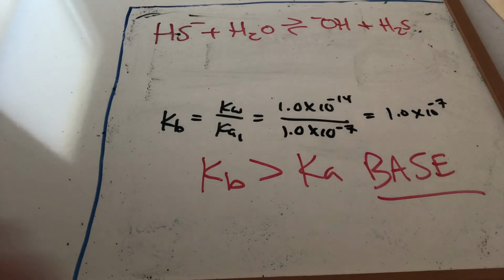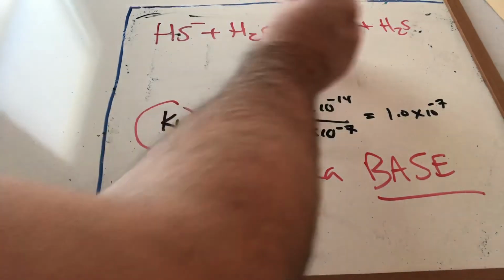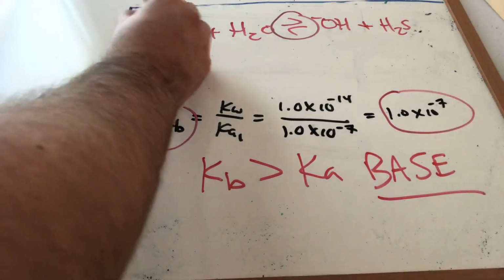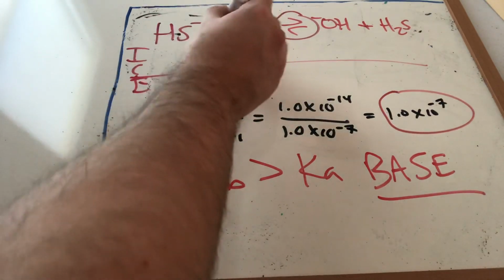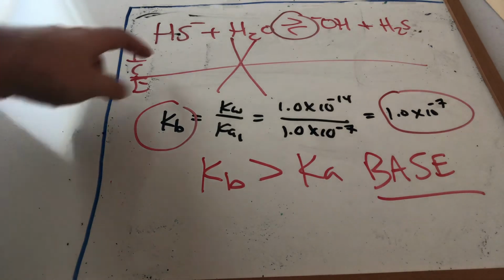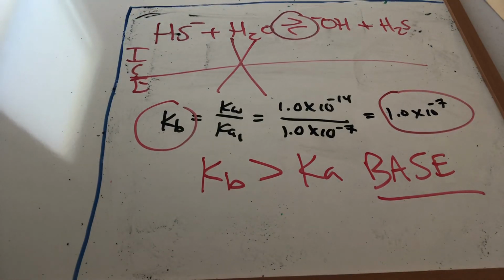Do I have a Kb to use with this equilibrium? Can I set up an ICE table? Yep. And you would need to be given an initial amount of this, and this will be some number, cross out H2O, and you go from there like normal. And again, it's a simple ICE table. Probably going to be able to use the 5% rule depending on what this initial concentration is. But then you're set and you're done.